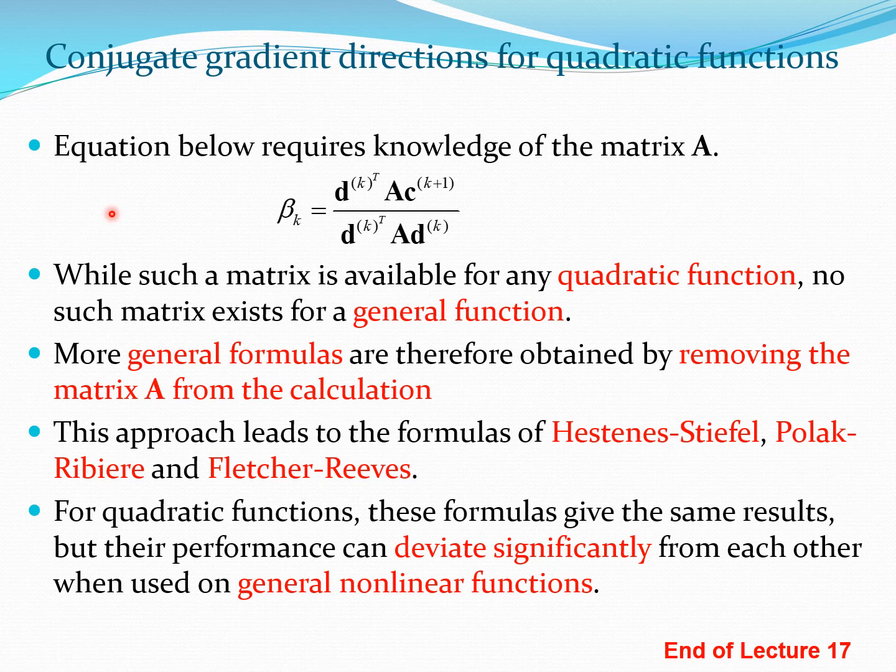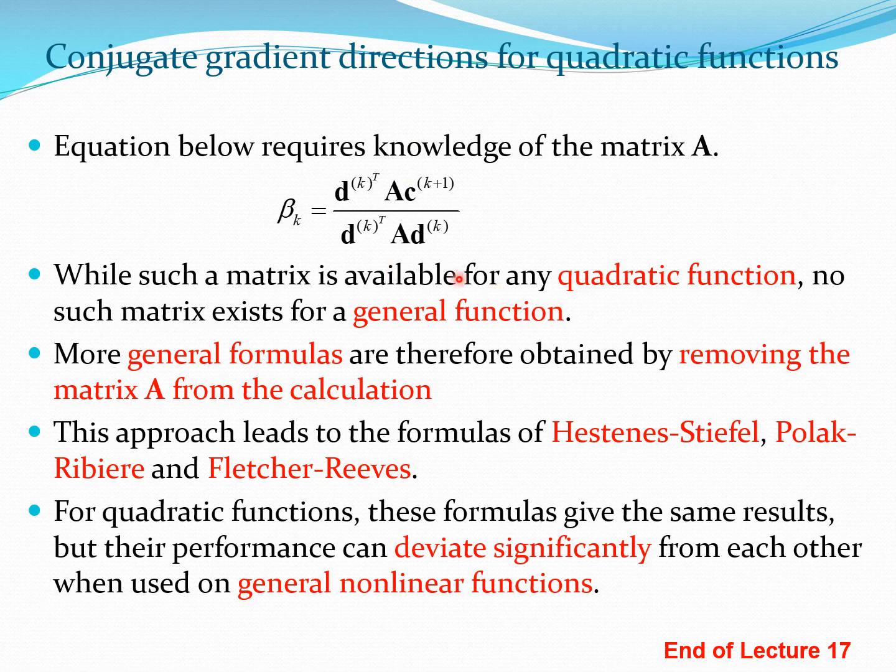Now what we are going to do next in the next lecture is generalize this formula such that A is no longer there. We are going to get rid of this A matrix from this formula. Again coming back to this formula, we see that such a matrix is there for all quadratic functions, but we won't have it for any general function. So in a general formula, we try to remove this matrix A from certain derivations and calculations, and that is what Hestenes-Stiefel, Polak-Ribiere, and Fletcher-Reeves have done, and they have given us these nice formulas which we have looked at, which are expressed only in terms of the search directions and the gradients.